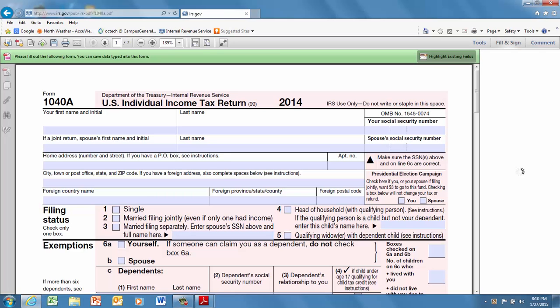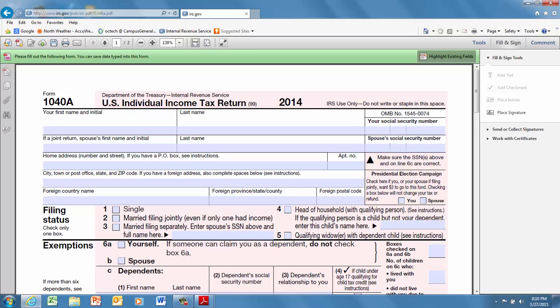And there is our form ready to go. We also saw that the instructions came up there, which you would need for being able to look up the tax table when it comes time to doing the tax.